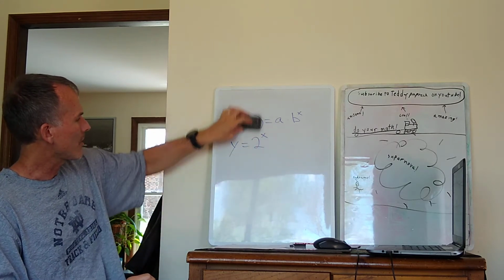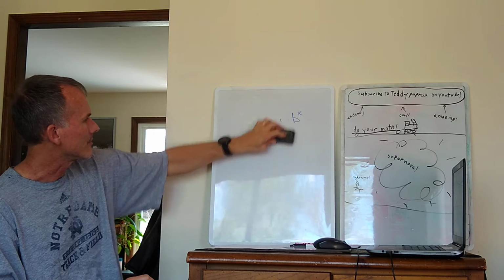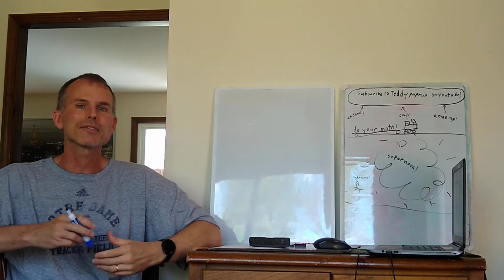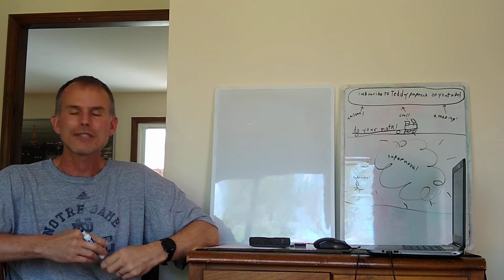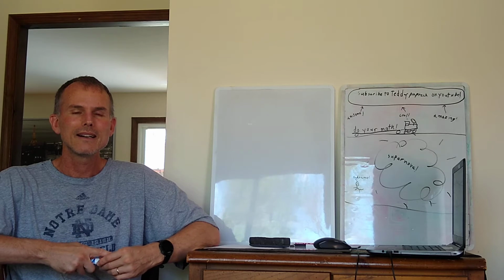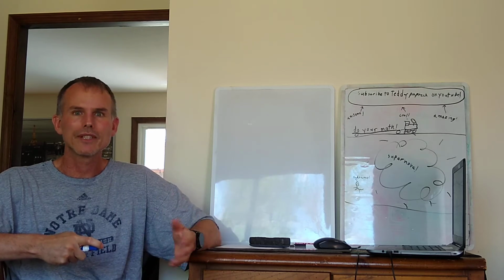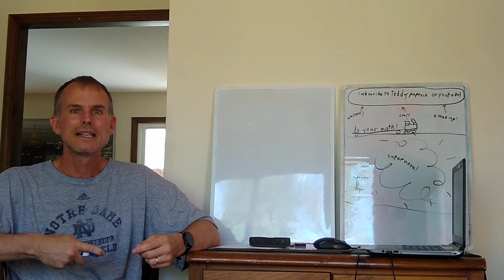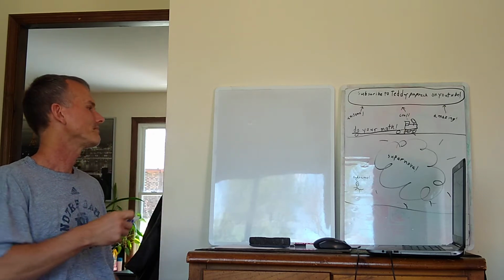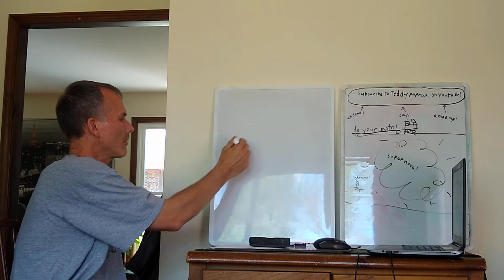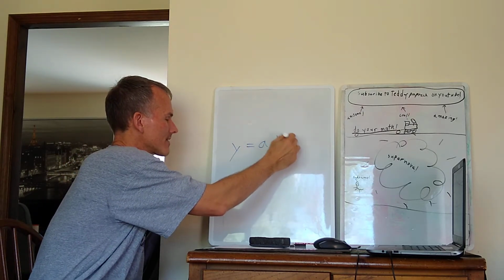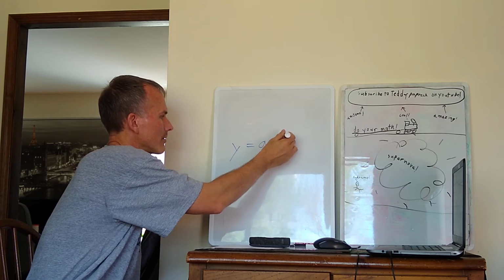Part of what you're going to have to do in the assignment is to graph some exponential functions applying the transformation rules, the same transformation rules that we talked about during graphing trigonometric functions, and maybe during conic sections as well. If I have y equals a times b to the x, I can do several things.